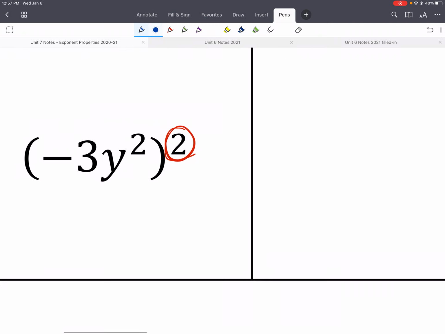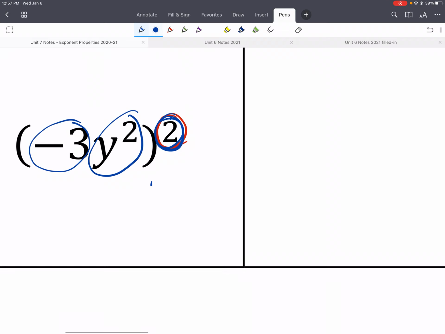So here's kind of the same sort of thing. We're going to do a negative 3 squared and a y squared squared, if that makes sense. So that's, again, if it's an exponent to an exponent, we multiply those.